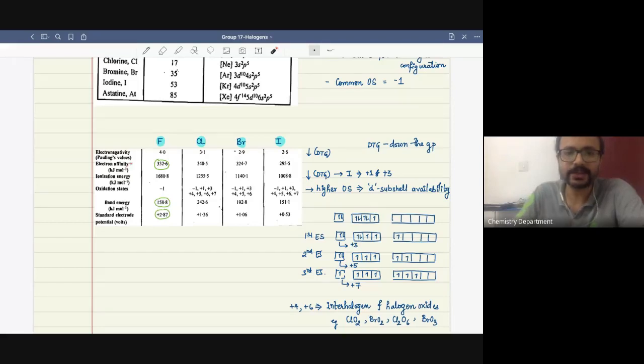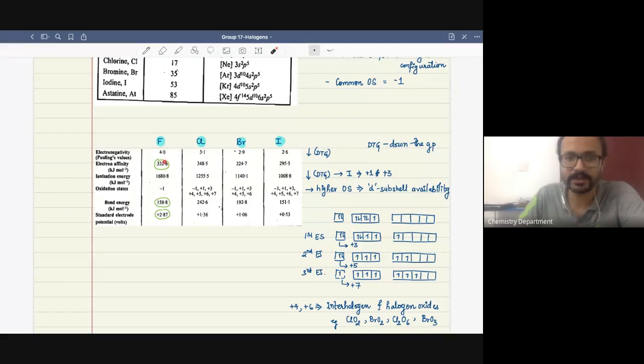Now, if we take into consideration the electron affinity, what you see is that from chlorine to iodine there is a smooth decrease in the electron affinity value. Like it is 348, then there is a decrease to 324, then to 295. So there is a smooth decrease in the electron affinity value as you move down the group.